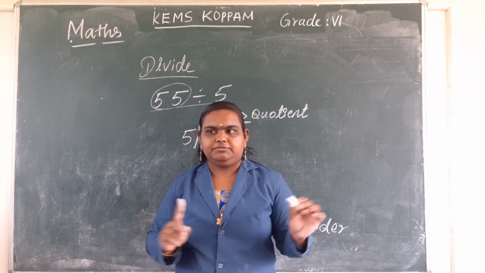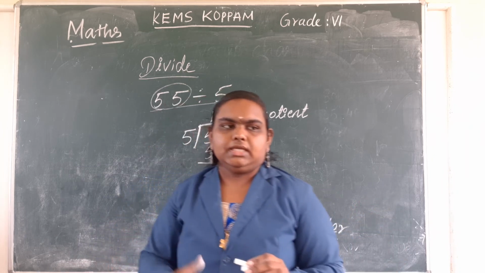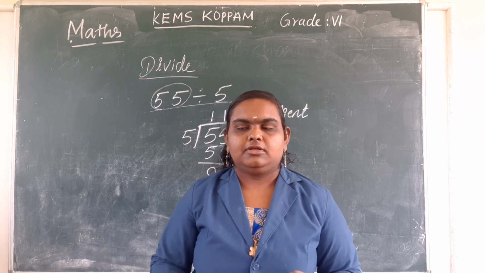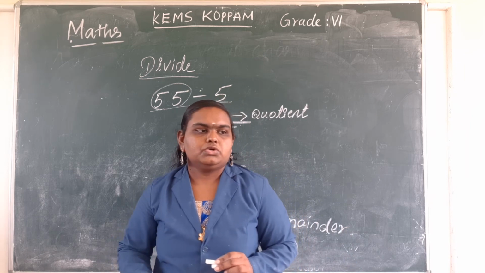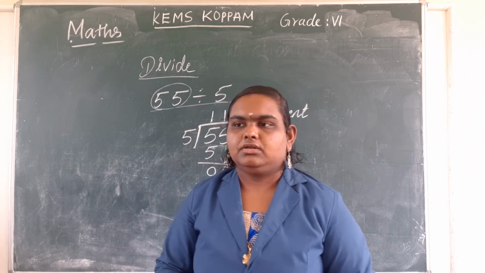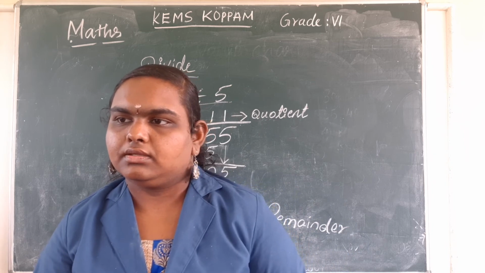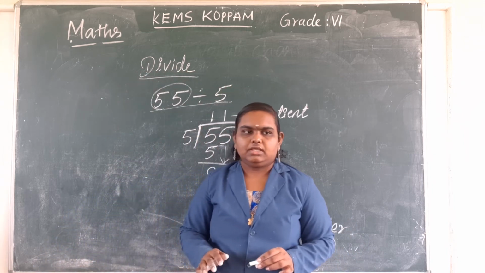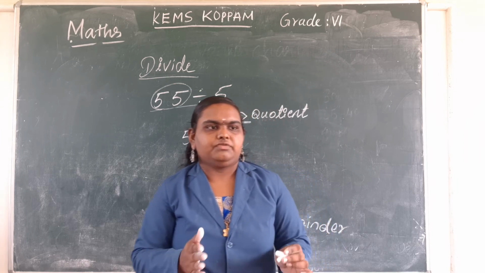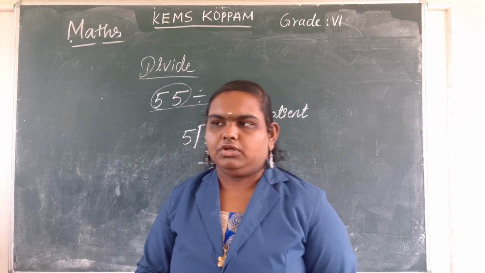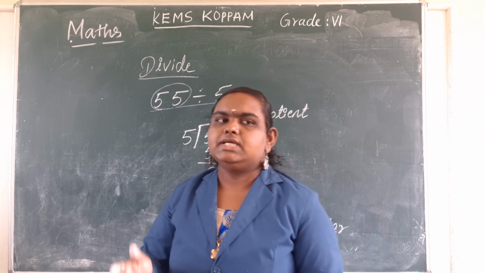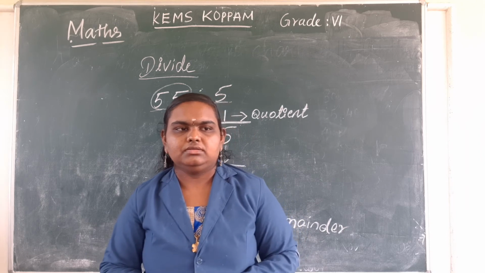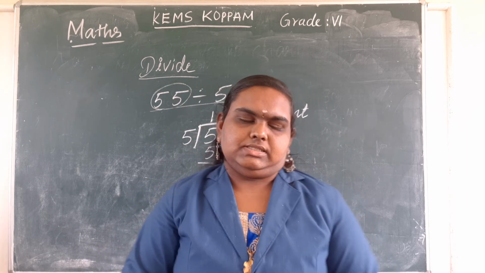So we have to see the difference. Then the other questions for division: find the quotient and the remainder of the following. So you should not get confused with that. If you are having the question find the quotient and the remainder for the following, then you have to divide the numbers that are given. Is it clear for everyone? Yes. Okay.